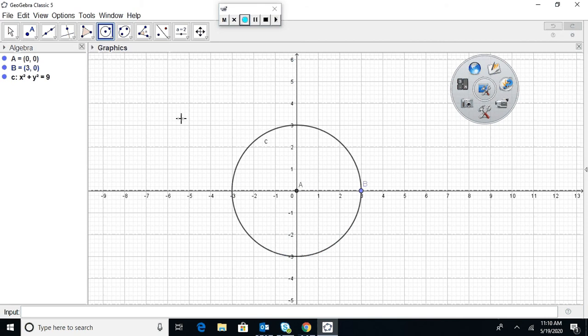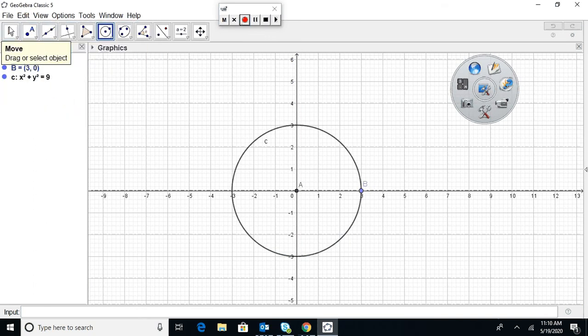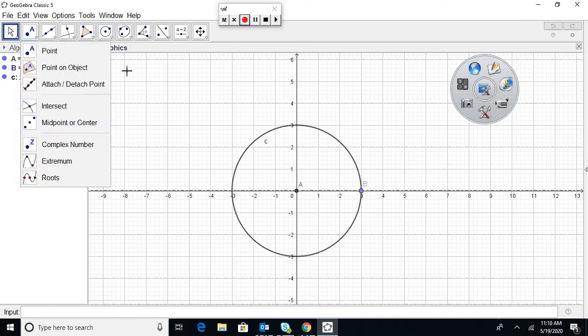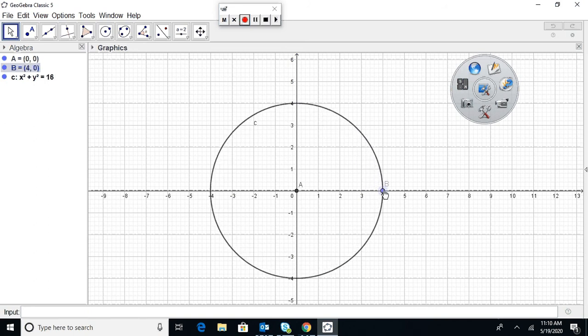All right, so let's see how this is going to change. And you'll probably be able to develop the formula as I alter this circle. So now let me take point B and let me expand. Let me not do that. Let's undo that bad boy. So let's go to my little move feature and let me expand my radius. So let me go out to 4.